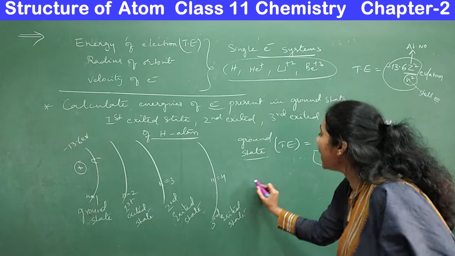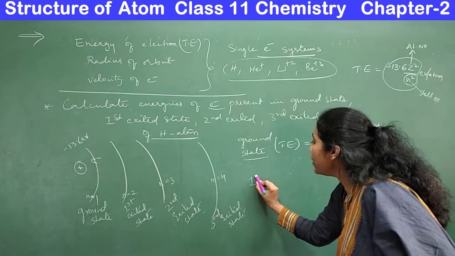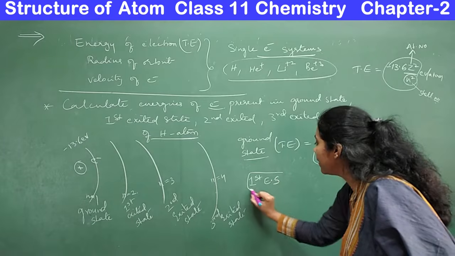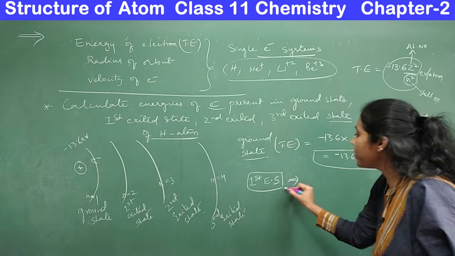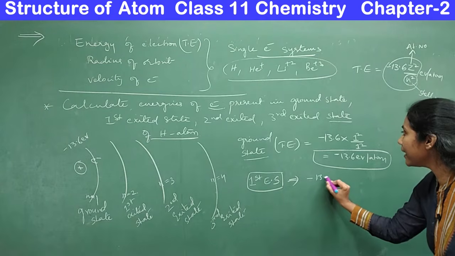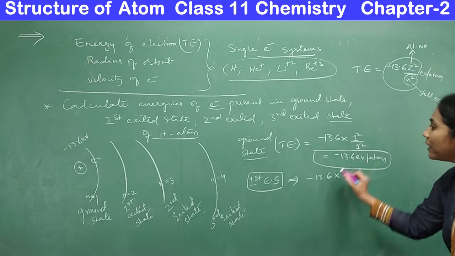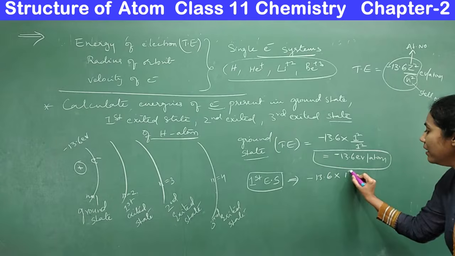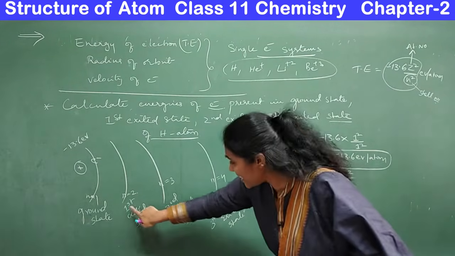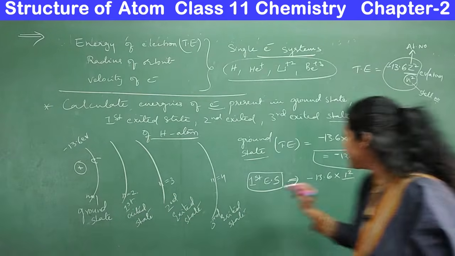Likewise, if you calculate the energy of the first excited state, ES means excited state. If the electron is present in the first excited state, what is your calculation? Minus 13.6 into the atomic number of hydrogen, which is 1 square. Now what is the value of N? For the first excited state, the value of N is equal to 2.